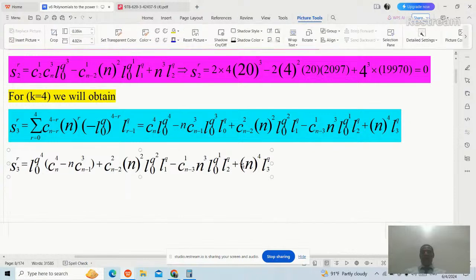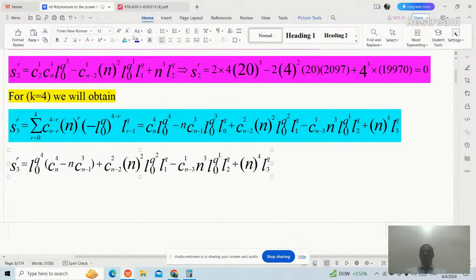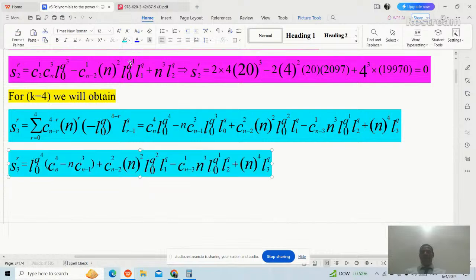Okay, so therefore, learners, we find the simplest discriminant formula of Mourad Sultan Ezouidi as the following: S3 equals L0 for the q raised to the power 4, because this is the common factor, times combination n choose 4 minus n times combination (n - 1) choose 3, plus the same, no change.